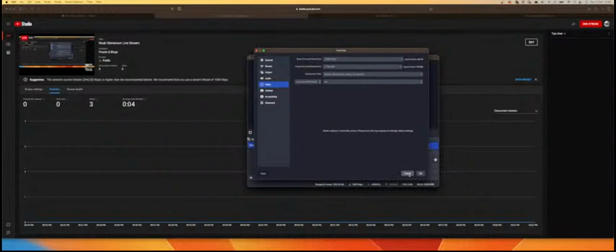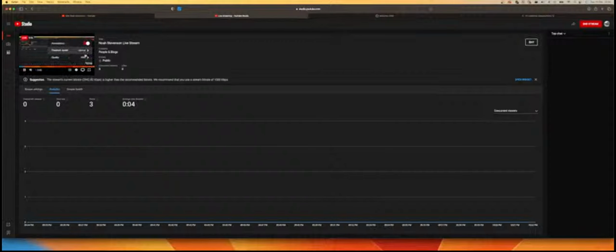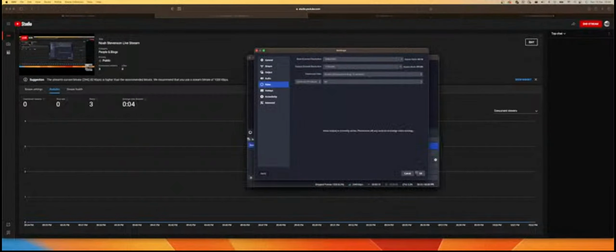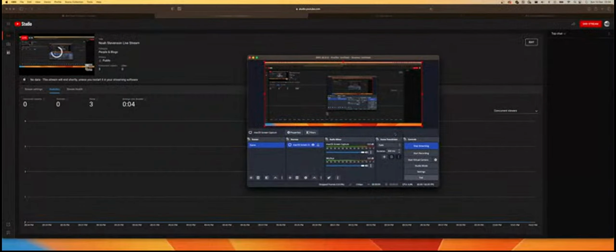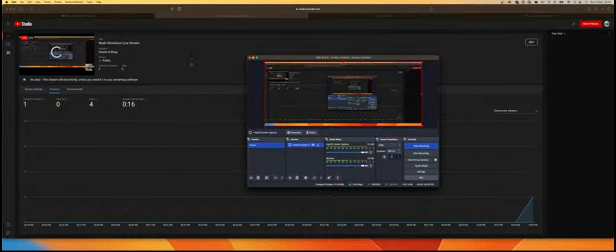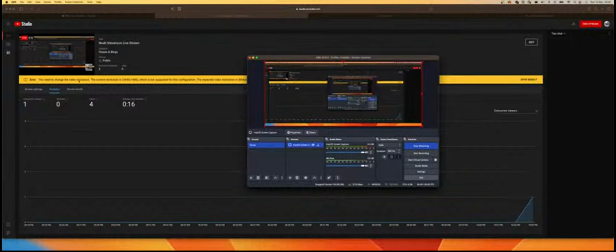Right, let me end it, and then I'm gonna end it and then try to get the quality a bit better. I think I know what the problem is. 2 seconds. Okay. Right, you need to change.